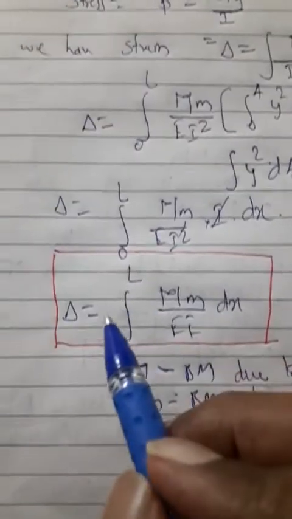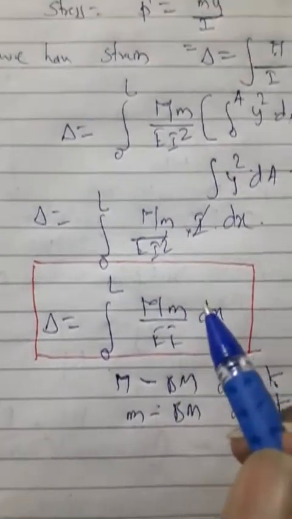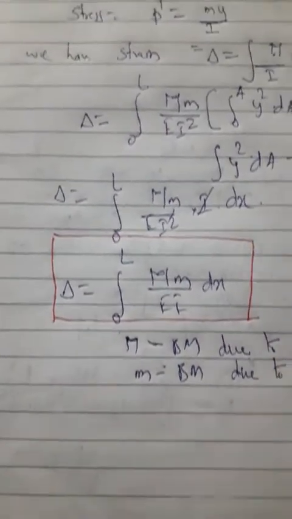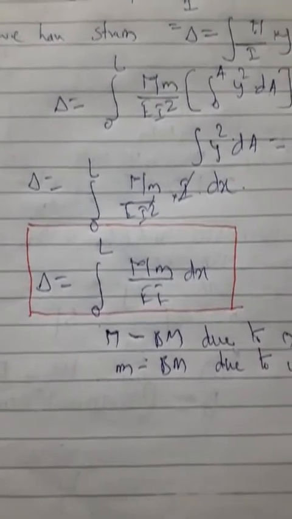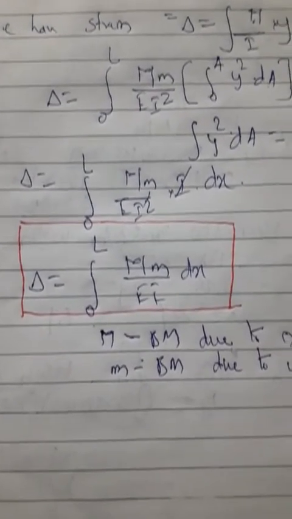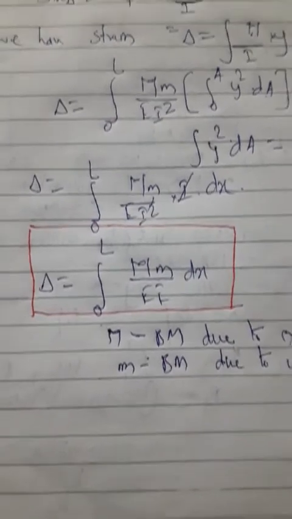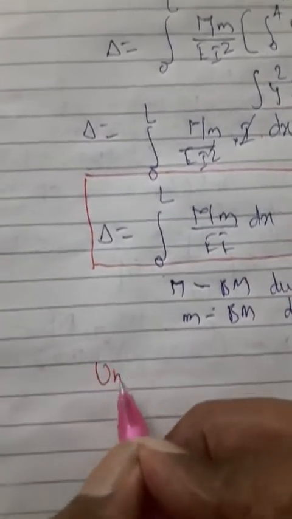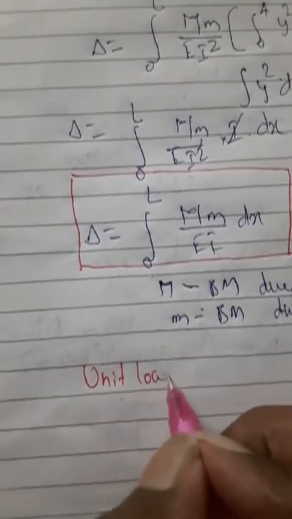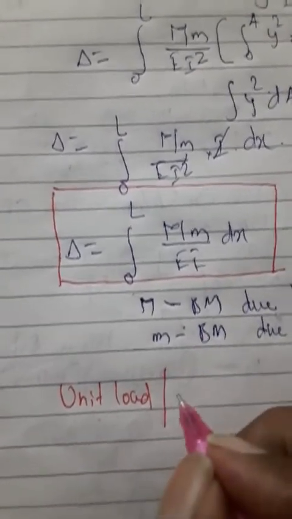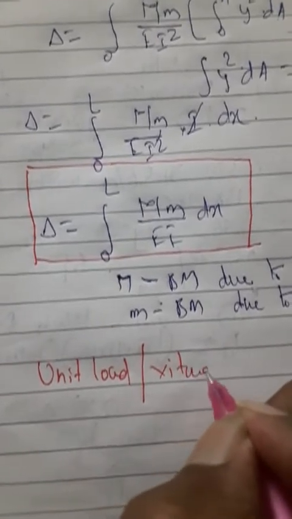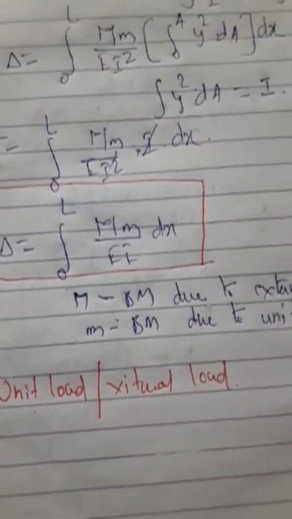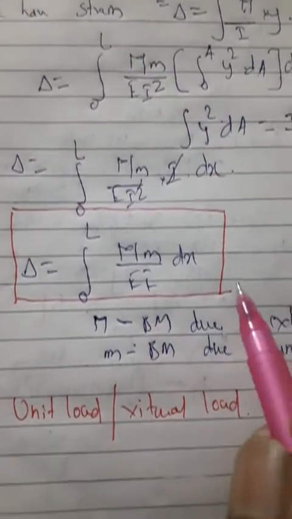Just remember the equation, delta is equal to integration of 0 to L of capital M into small m divided by EI into dx. So this is the unit load equation for beam deflection. So the unit load method is also known as the virtual load method. You are applying an imaginary or a virtual load. So this is the equation which you have to remember. Thank you.